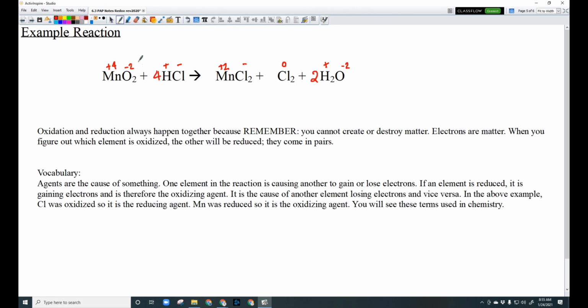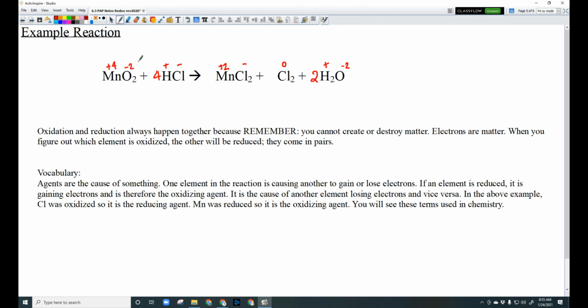But we have chlorine in 2 different places. Here we have chlorine and it's 0. So chlorine did change in this case. All right, so one of these is oxidized and one of these is reduced. So I have manganese and I have chlorine. So now we need to decide which one is oxidized and which one is reduced.